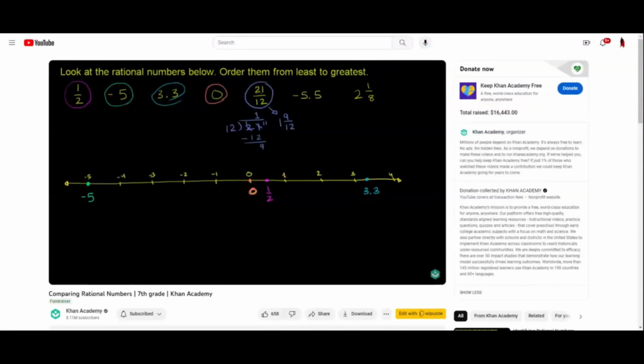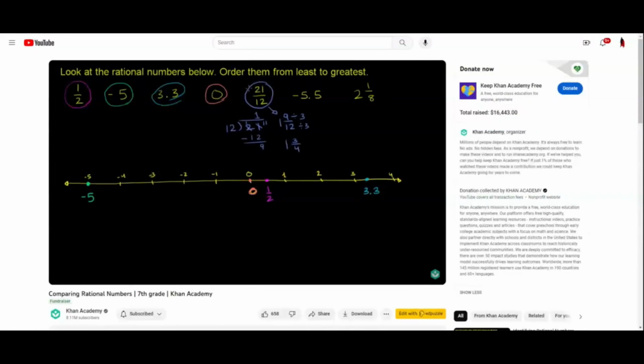Actually, we could have simplified this right from the get-go, because both 21 and 12 are divisible by 3. But now we can simplify 9/12, dividing both the numerator and the denominator by 3. We then get 1 and 3/4.